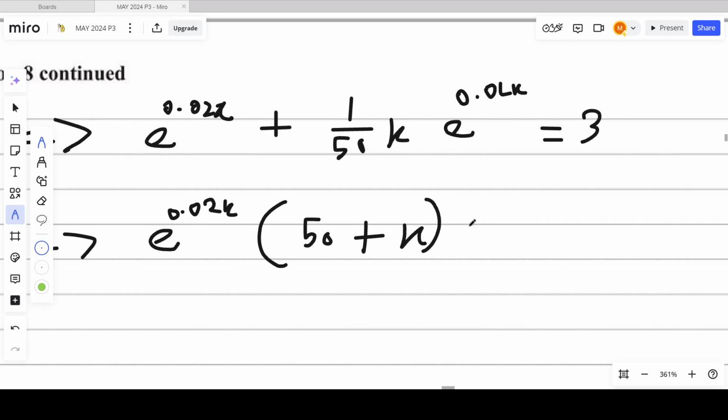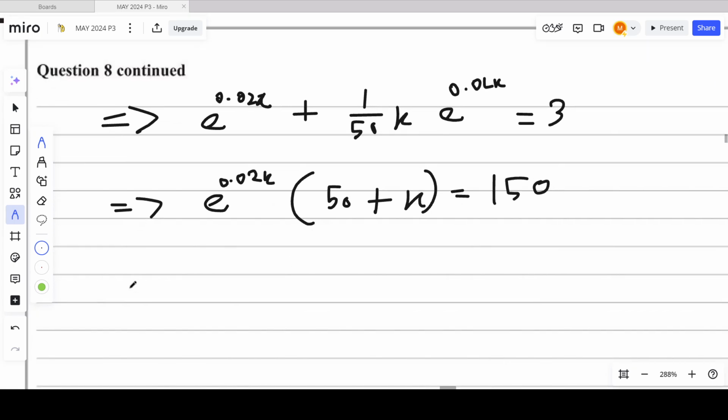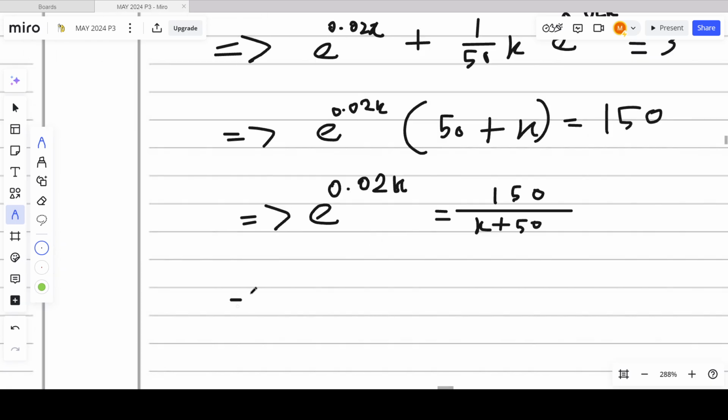Okay, this will be equal to 3 times 50, which is 150. Now look, we got what we derived just earlier. So e to the power 0.02x equals 150 over x plus 50, right? Now take ln on both sides.